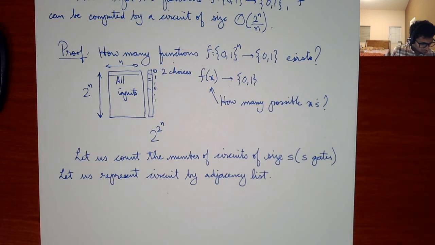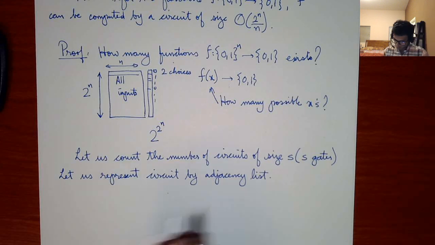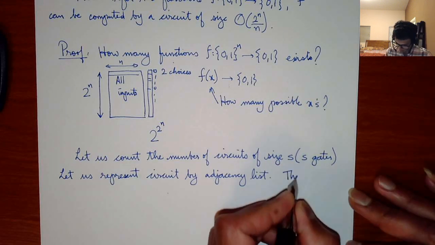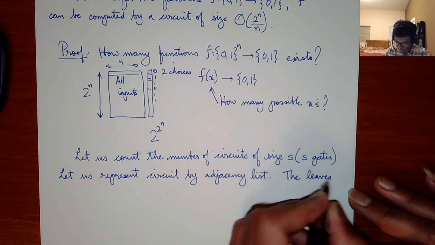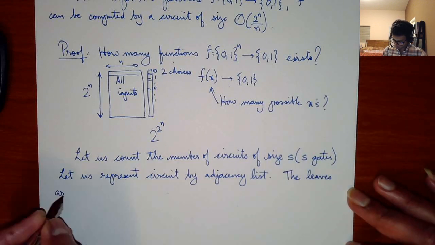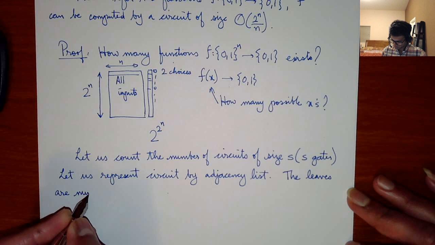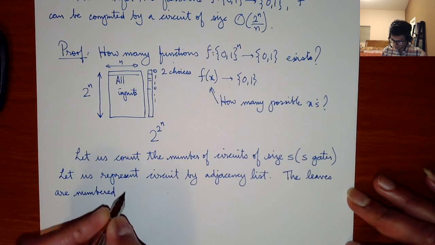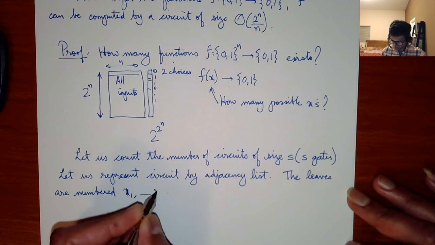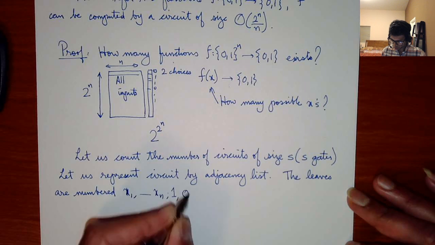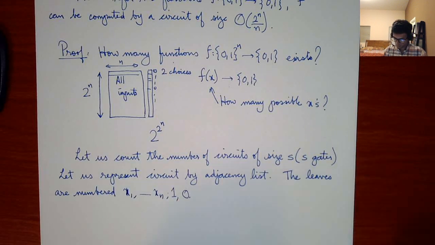The leaves are numbered x1 to xn, 1 or 0. Right? The leaves are just numbered x1 to xn.